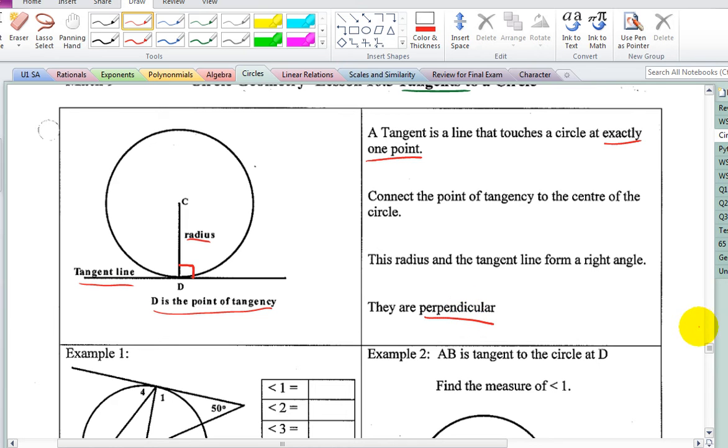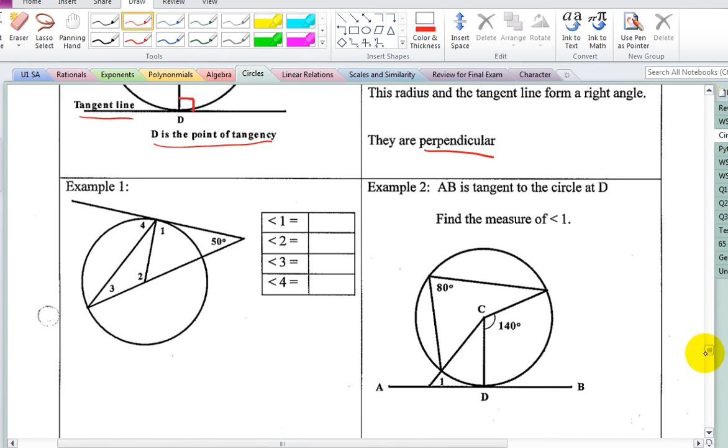Good. So let's have some question examples. Looking at example 1, what's the value for angle 1? 90 degrees. It's a line from center touching the tangent line. So it's your tangent rule.